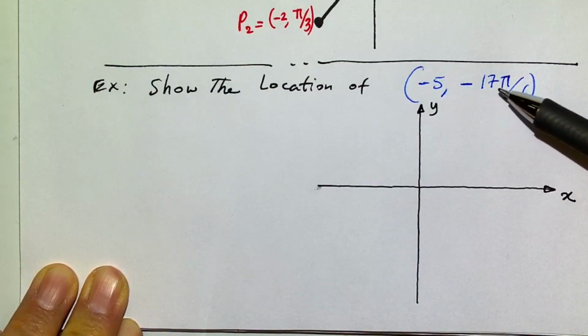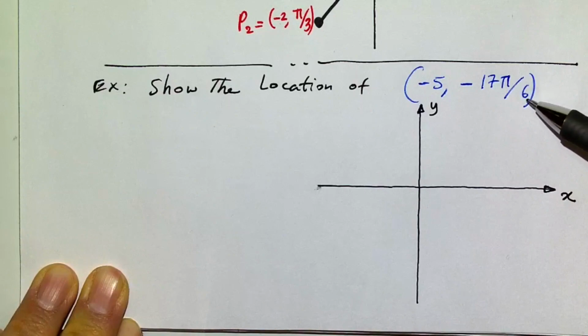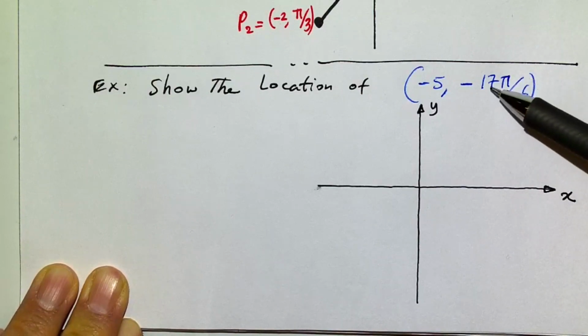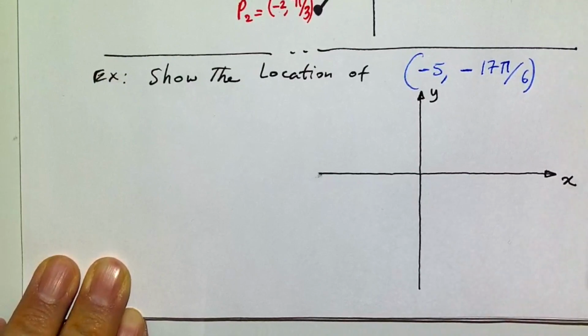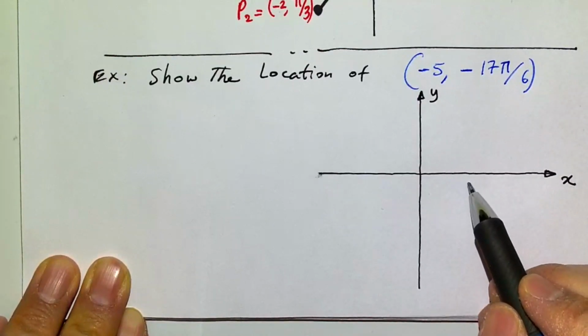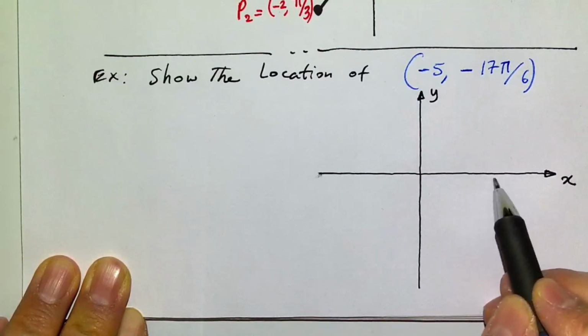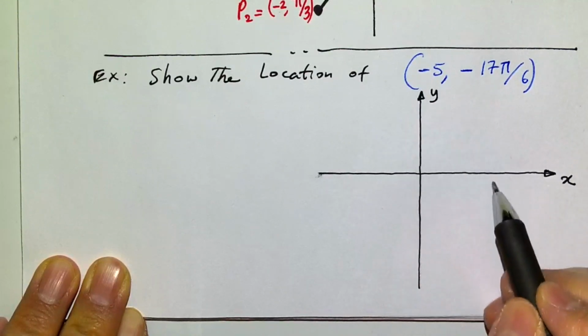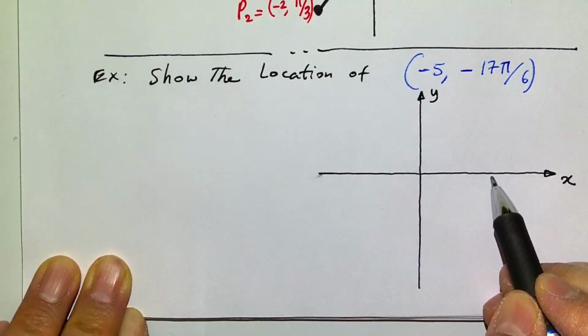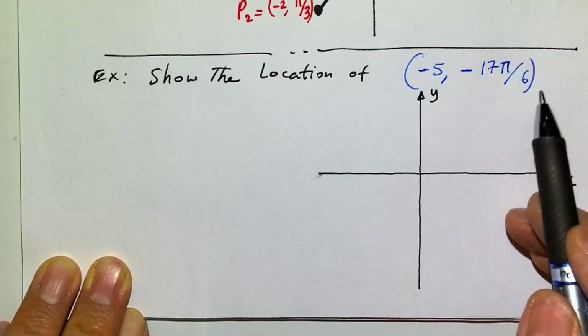We can easily imagine this. If this was minus 18 pi over 6, that would simplify to minus 3 pi, right? So minus 3 pi would mean going around, starting from the positive x-axis and going clockwise. If we go one full revolution, that would be minus 2 pi, but that would be minus 3 pi.